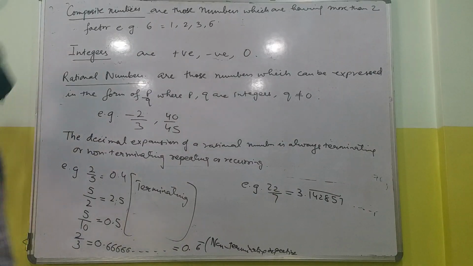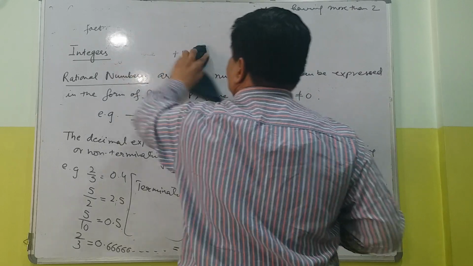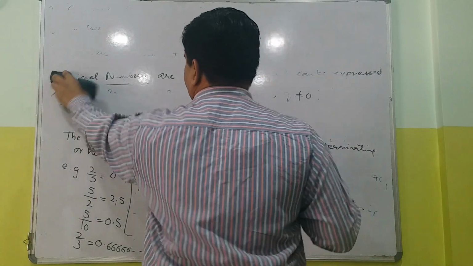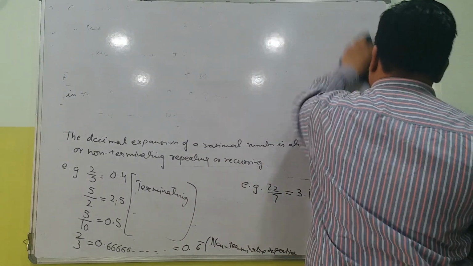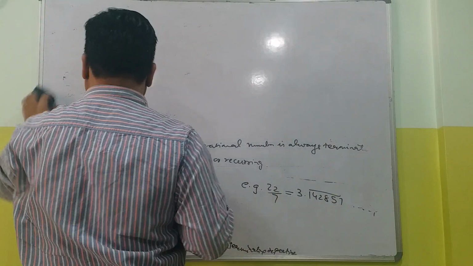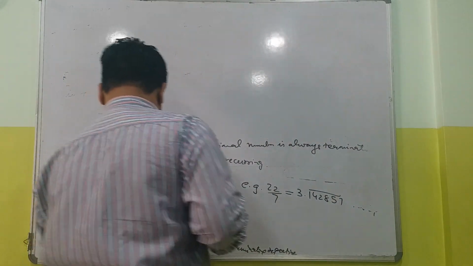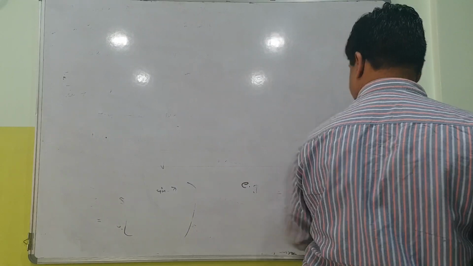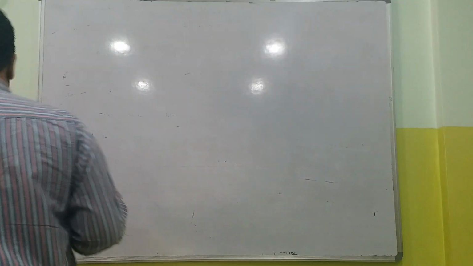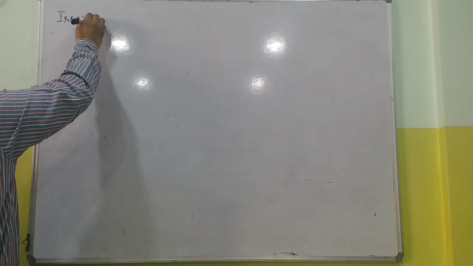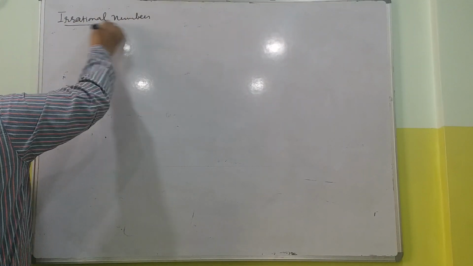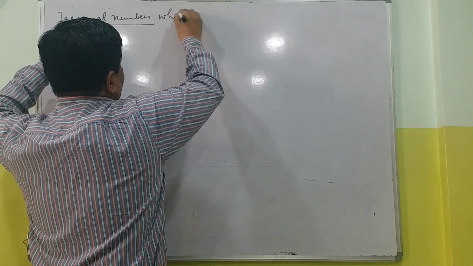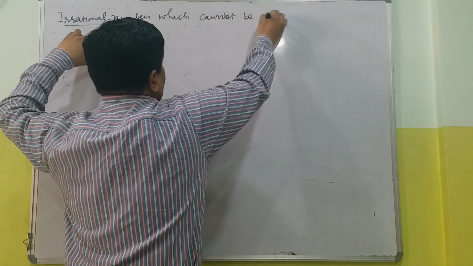Then we will study irrational numbers. Irrational numbers are the numbers which cannot be expressed in the form of p upon q.